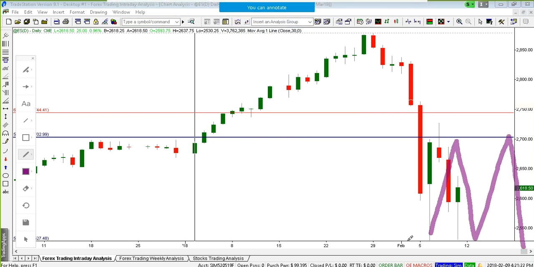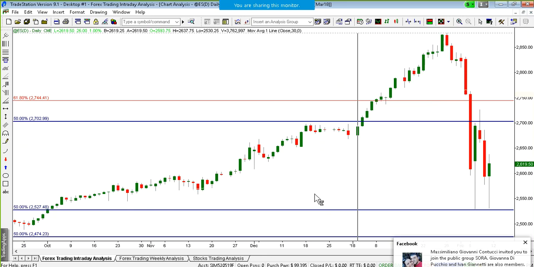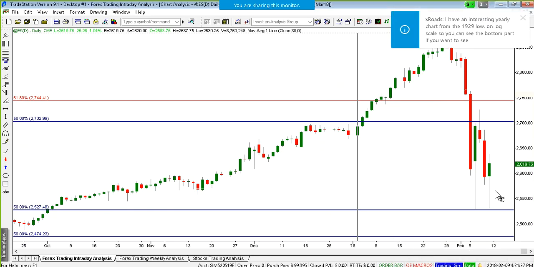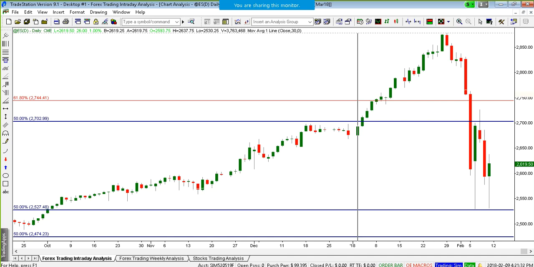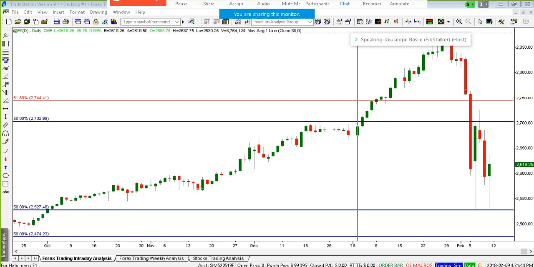Now, the point that I make here is that the support comes from a larger time frame, okay? And so we anticipate a possible move higher and actually printing a new high. So I have some other questions there.